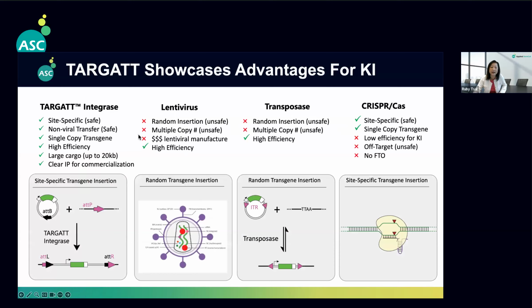So first of all, I'd like to summarize what we've talked about today so far. Gene editing technology has pros and cons to some extent. The current traditional way of making cell therapy products, the approved CAR T cell therapy, uses lentivirus.